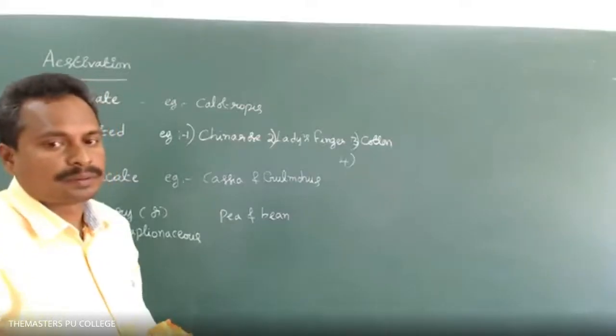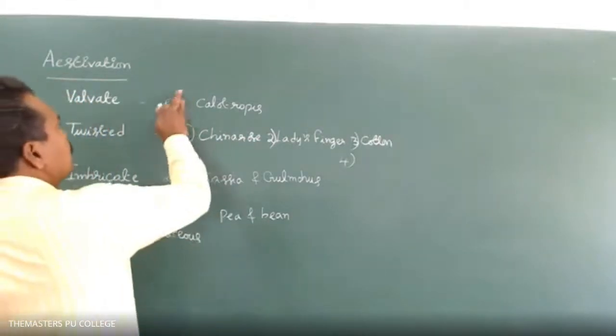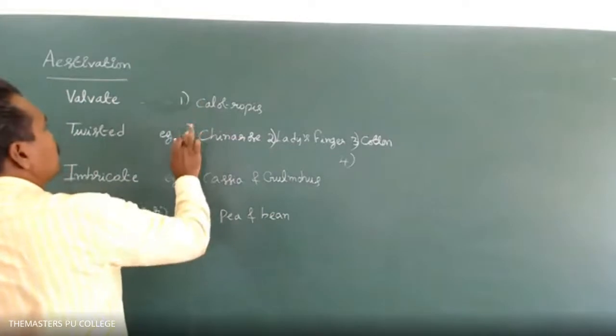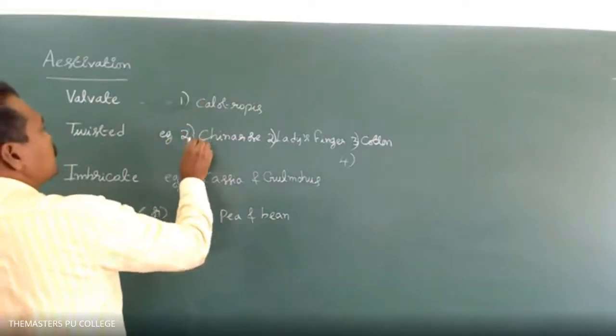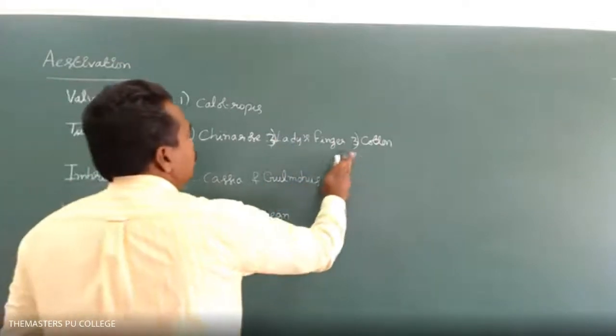Very good. From an objective point of view, valvate estivation is seen in option 1 Calotropis, option 2 China rose, option 3 lady's finger, option 4 cotton. Calotropis, option 1.